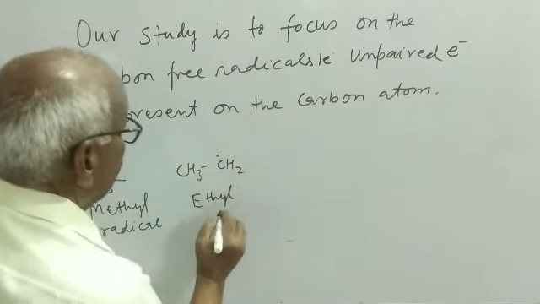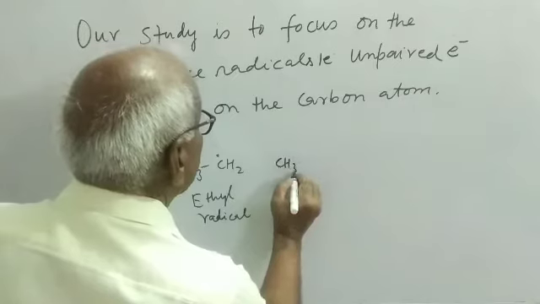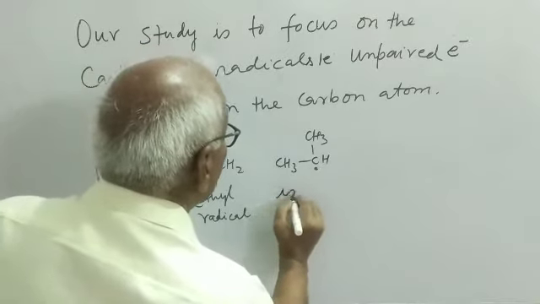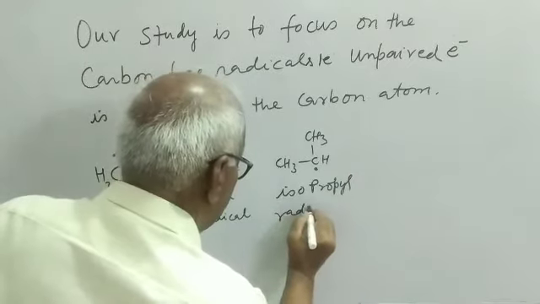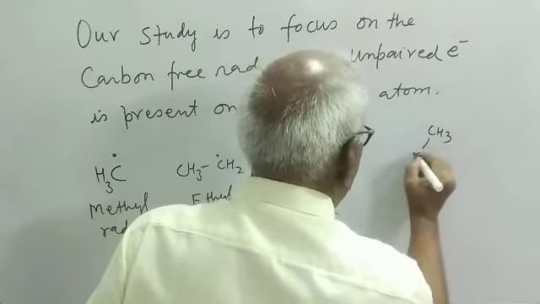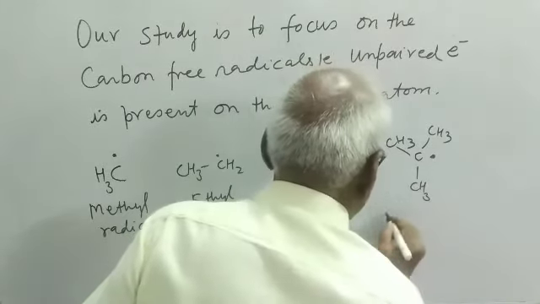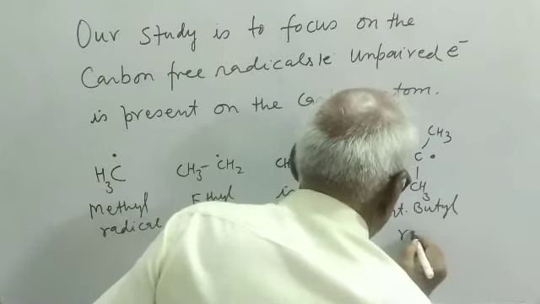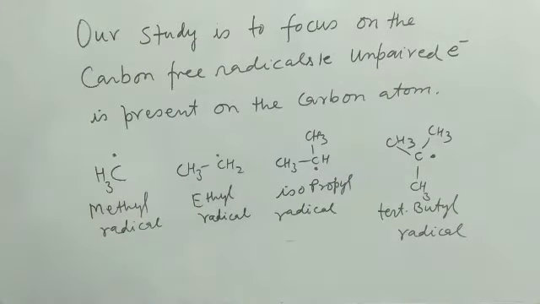Third one is CH3 CH, isopropyl radical. Fourth one is tertiary butyl radical. So these are the carbon free radicals.